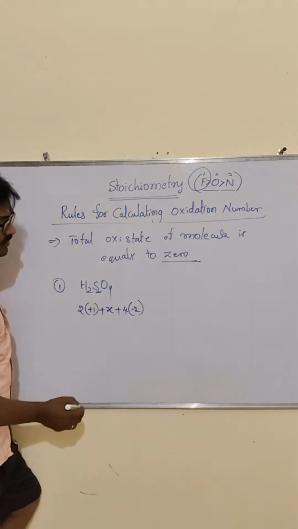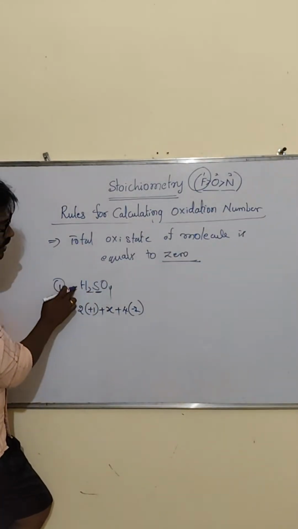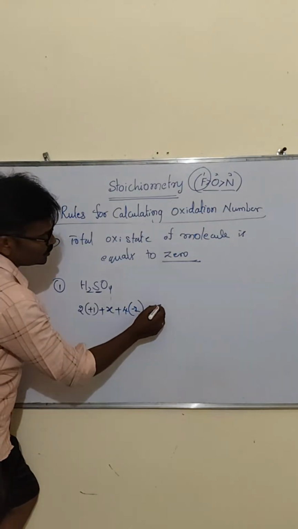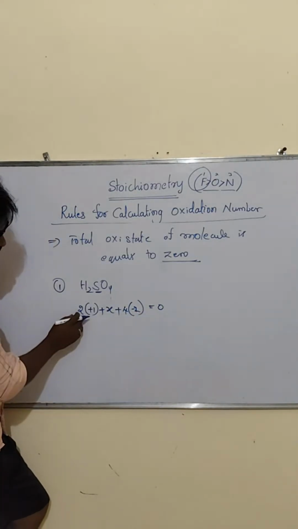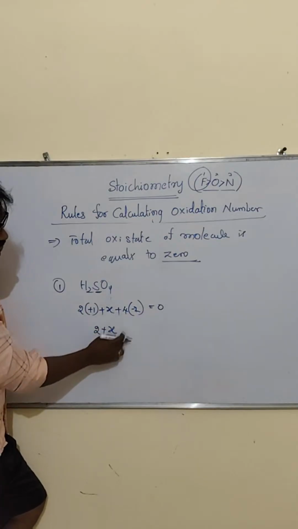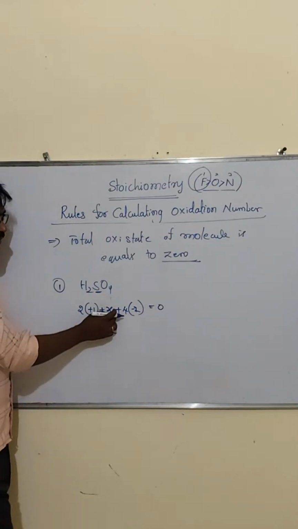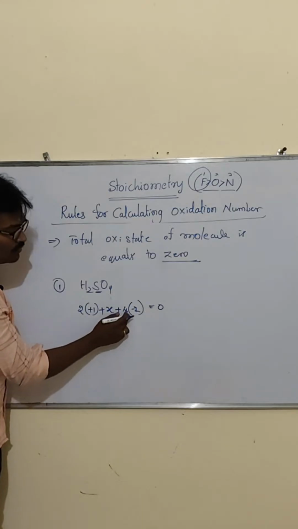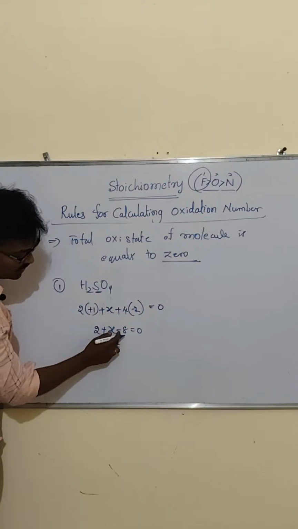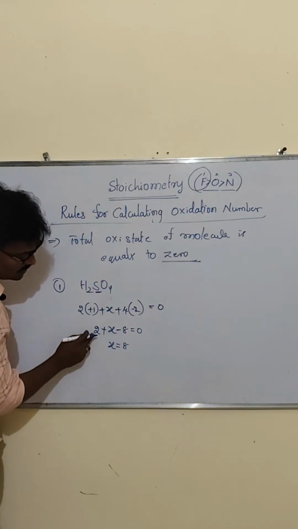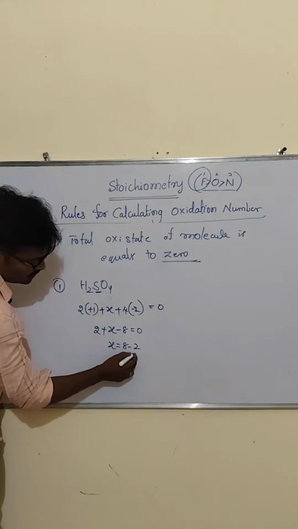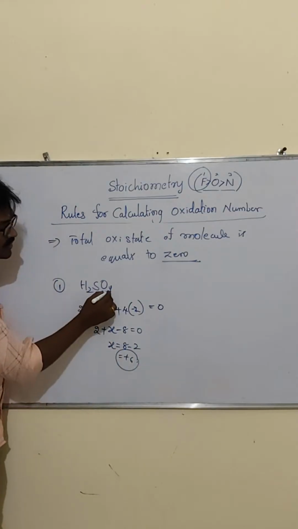Each oxygen is -2 oxidation state. The total oxidation state of the molecule is equal to 0. That you have to take. So 2 into +1, 2 plus X, then 4 into -2, 4 twos are 8, equals 0. So X equals -8; moving to the other side, +8, and +2 moving to the other side becomes -2, so X equals +6. So the oxidation state of sulfur is +6.